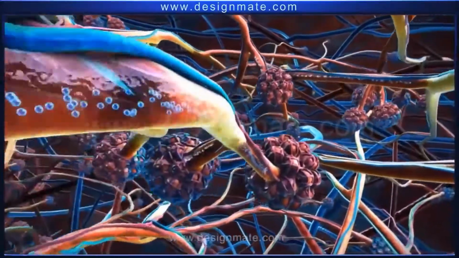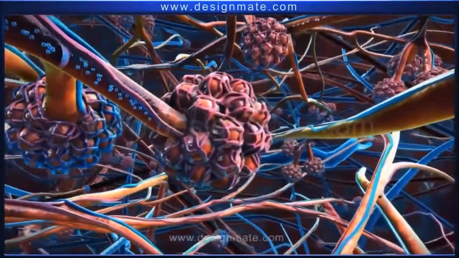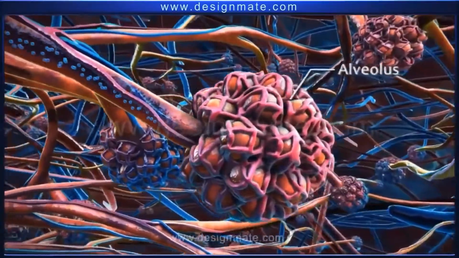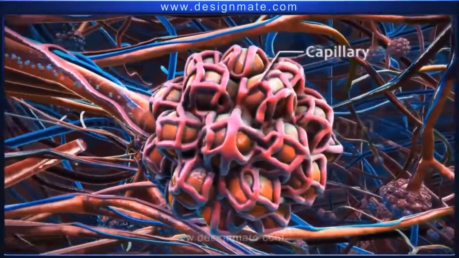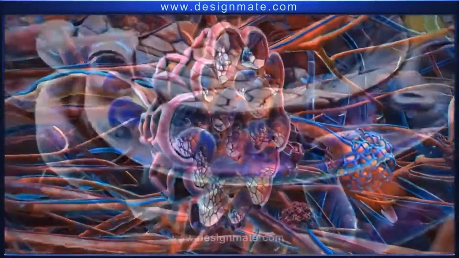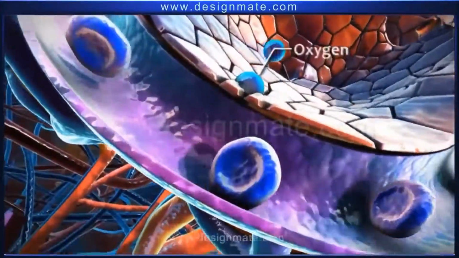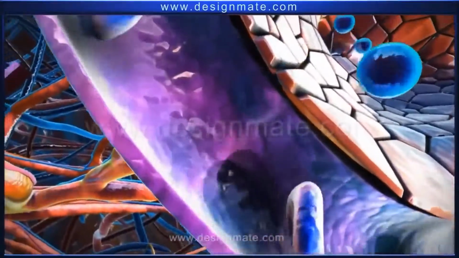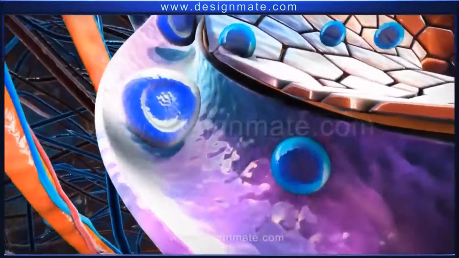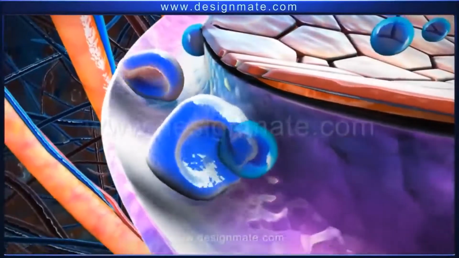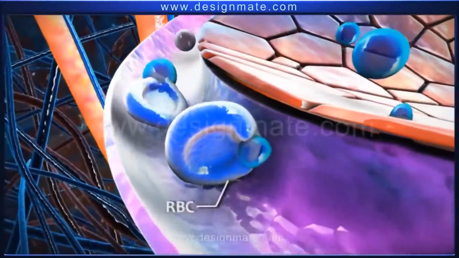Oxygen travels through these bronchioles and reaches the alveoli, each of which is surrounded by a network of capillaries. As blood flows through the capillaries, the oxygen molecules from the alveolus diffuse into the capillary. This causes oxygenation of the RBCs.